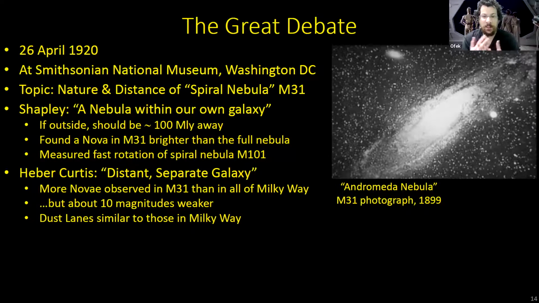And if you calculate the rotation velocity measured by the distance from us, it would have to rotate faster than the speed of light, which at the time was already beginning to be established as impossible. So Shapley had a few arguments about why these spiral nebulae cannot be as far away as outside of our galaxy. They have to be these strange looking, but minor objects inside our own galaxy.